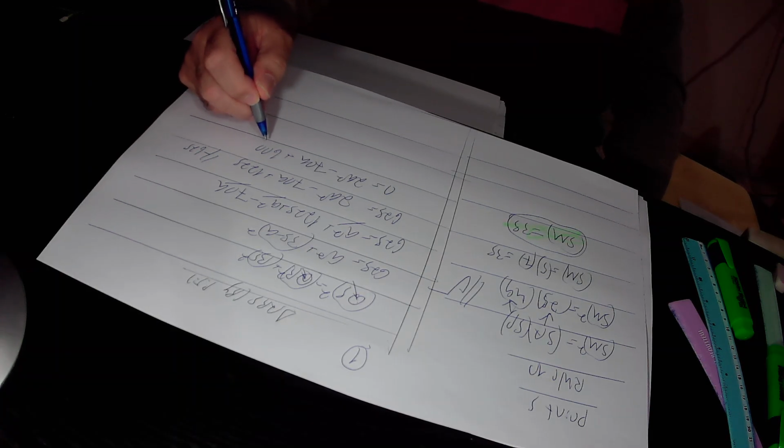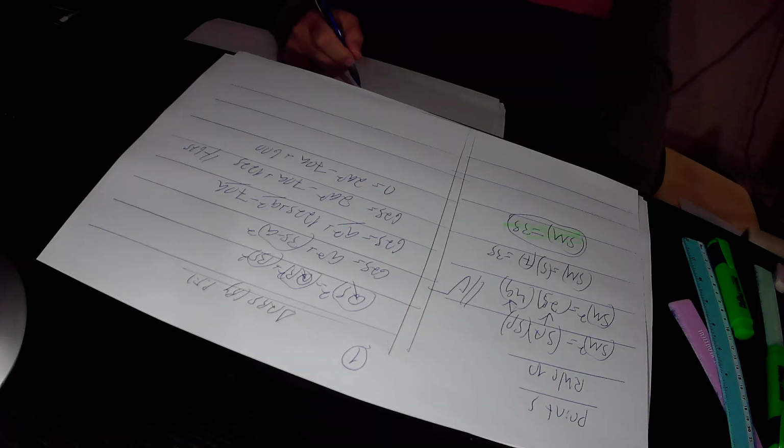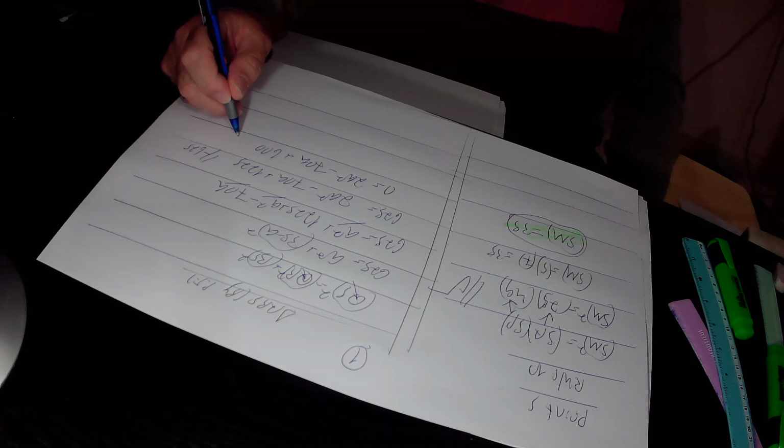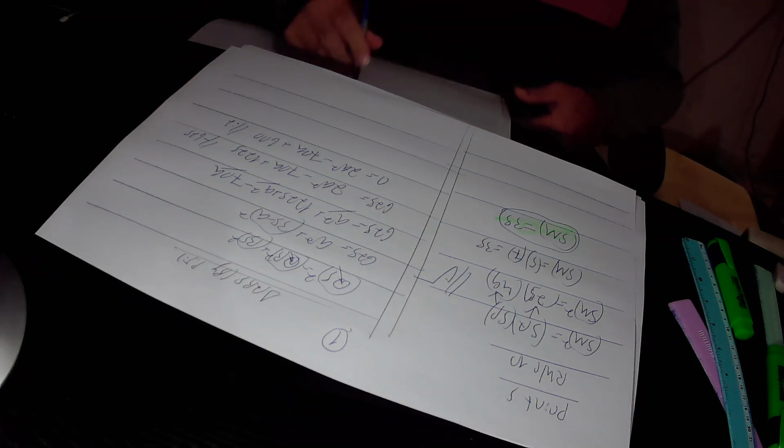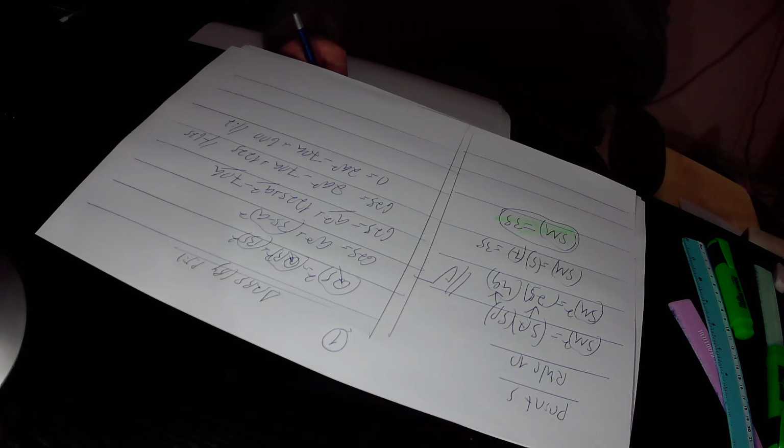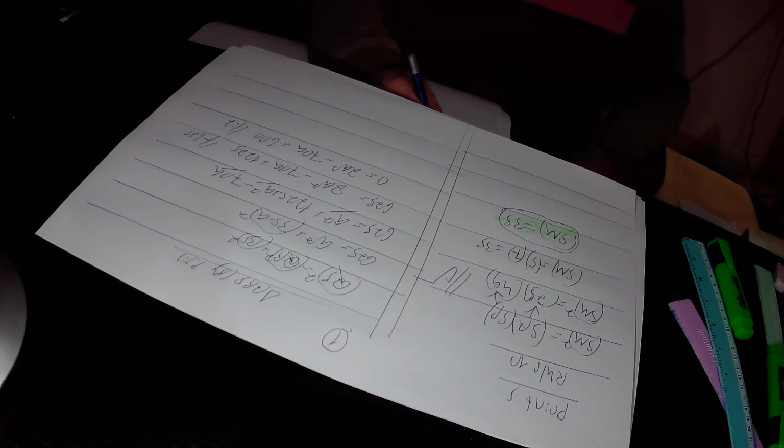So in total we find that 2a squared minus 70a plus 600 equals 0. So here we divide this equation by 2. And finally, we get that 2a squared over 2 is a squared, 70a over 2 is 35a, 600 over 2 is 300, and 0 over 2 is 0.